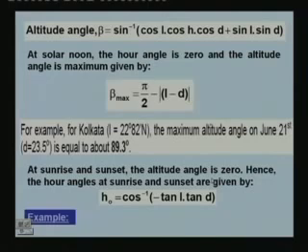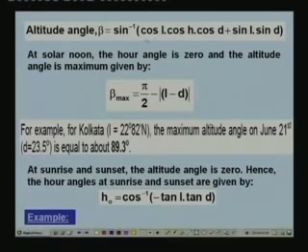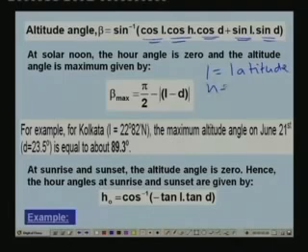So, the altitude angle beta can be shown to be equal to cos L multiplied by cos H multiplied by cos D plus sin L multiplied by sin D, where L, as I have already discussed, is latitude, H is hour angle, and D is declination.